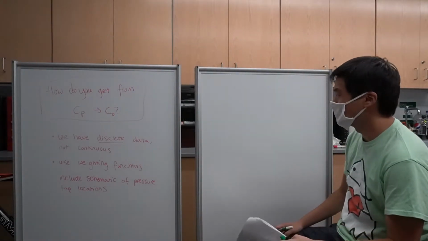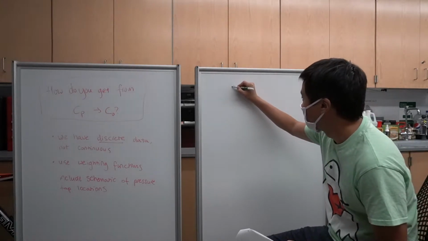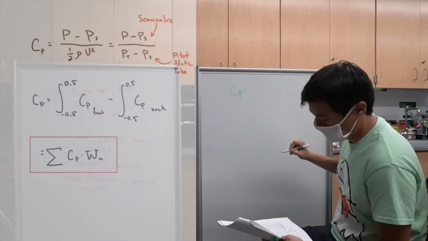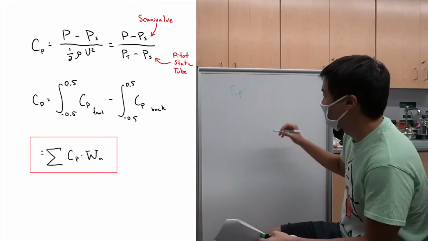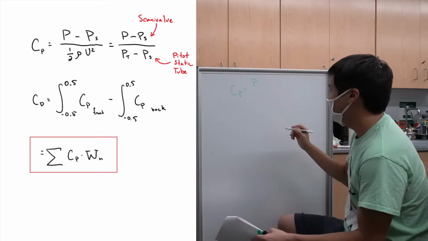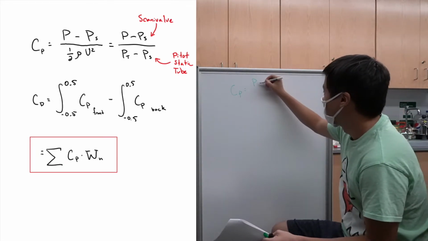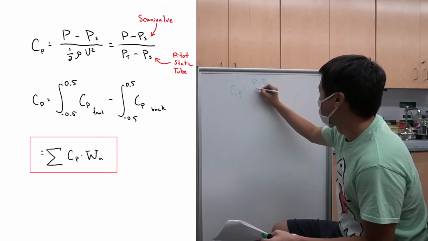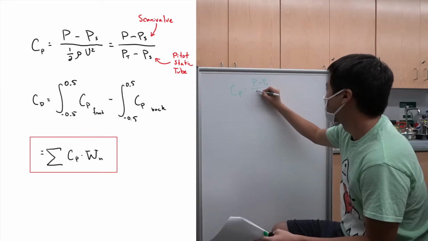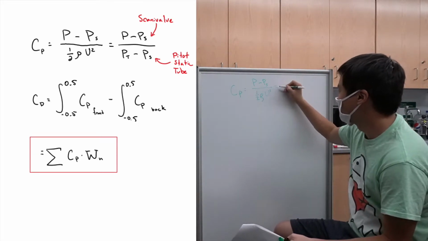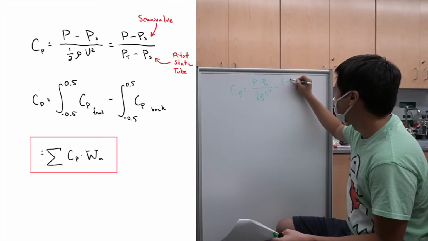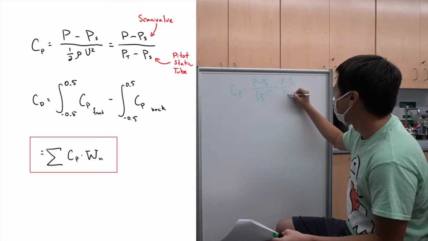So to calculate pressure coefficient, we know that pressure is always measured relative to something. In this case, it's measured relative to the static pressure. So we measure the pressure at that pressure tap location, and we subtract away the static pressure, and that's normalized by the dynamic pressure, which we know from Bernoulli's is also just equal to PT minus PS.